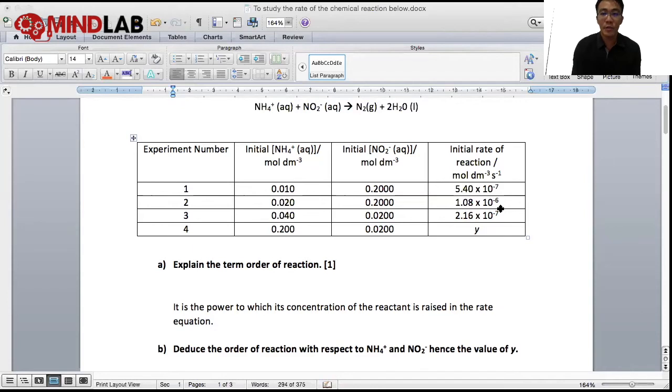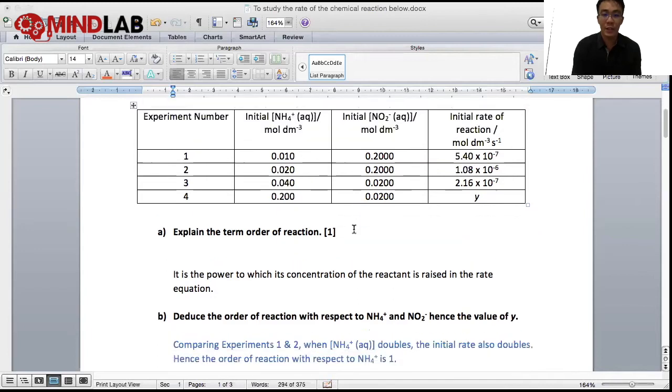So we can solve the order of reaction by comparison. Comparing experiments 1 and 2, when the concentration of NH4 plus is doubled, the initial rate also doubles. Hence the order of reaction with respect to NH4 plus is 1. It can't be 0 or 2 as well.